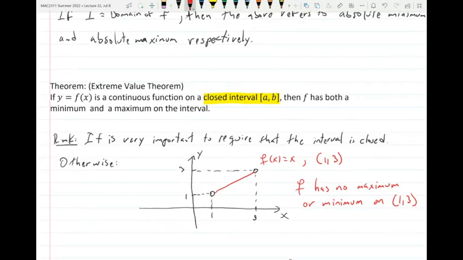Anything that's less than 3, you can always go a little bit higher. Similarly, the minimum would be at 1, but because that point is not included, any value you pick that's slightly bigger than 1, you can always go lower, still within the same interval. So that's why it's very important to require that we have a closed interval.